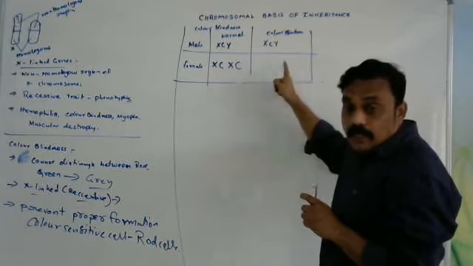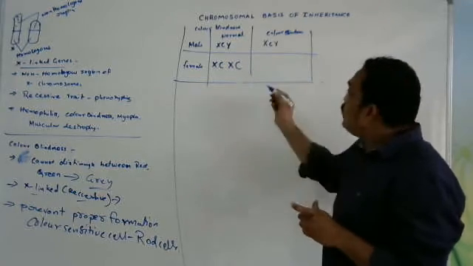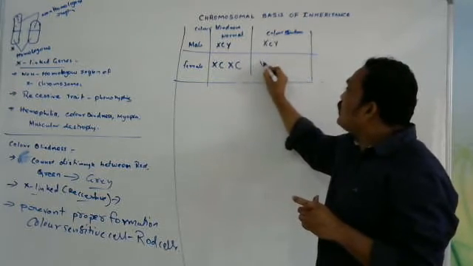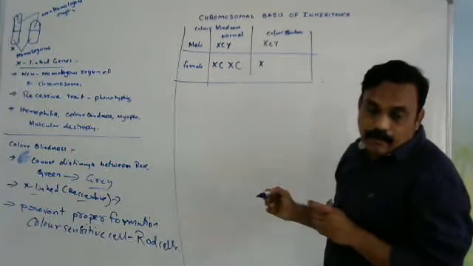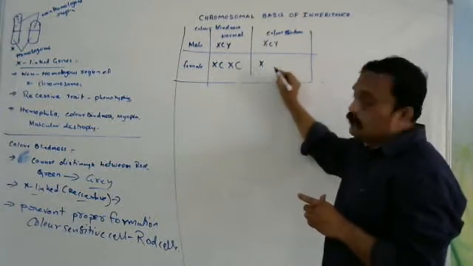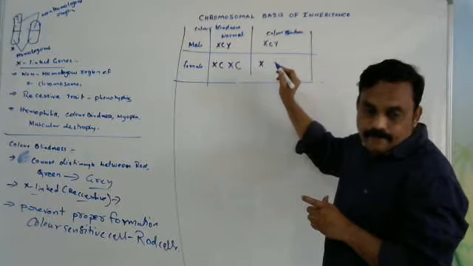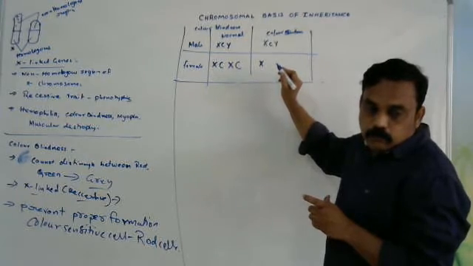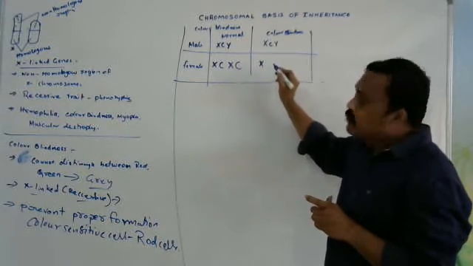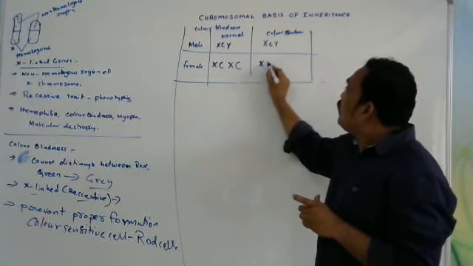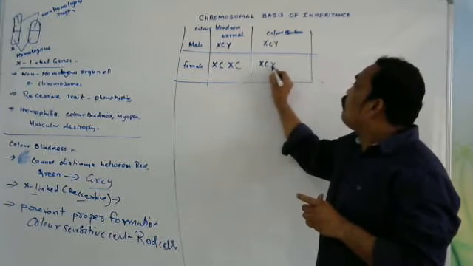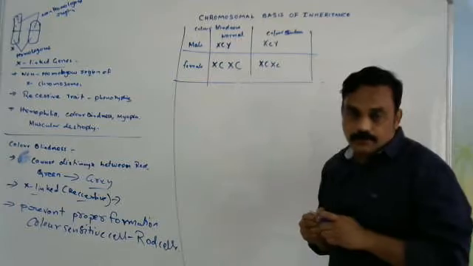But women who are color blind carriers have the genes X capital C and X small c. Try to understand here.